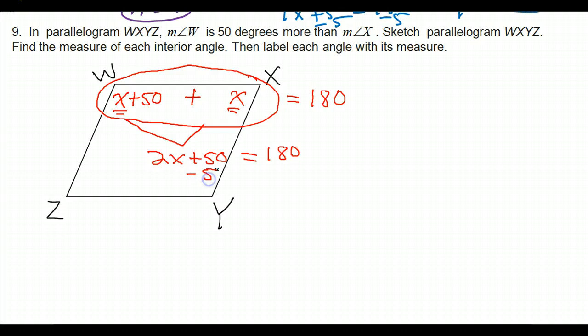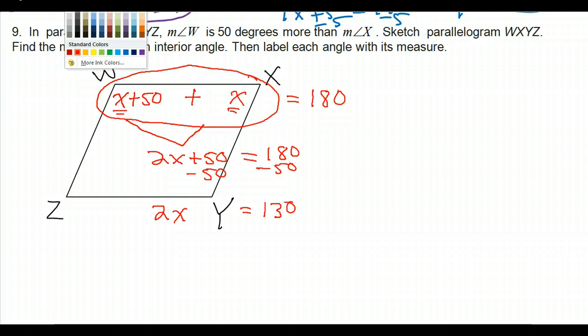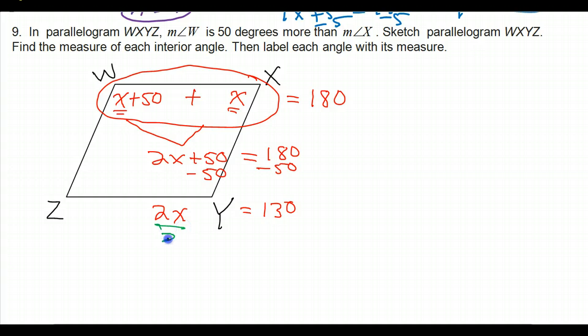Then I would subtract 50 from both sides. That's going to give me 2x equals 130. Then I'm going to divide both sides by 2. That's going to give me x equals 65.